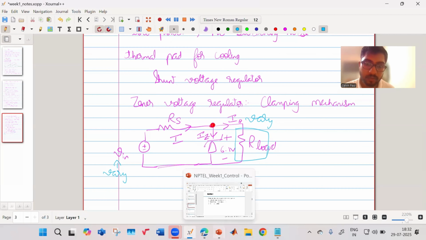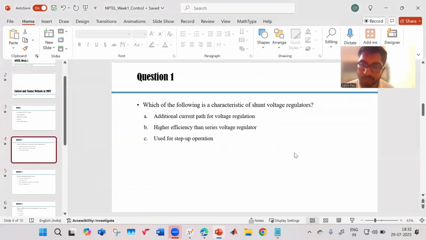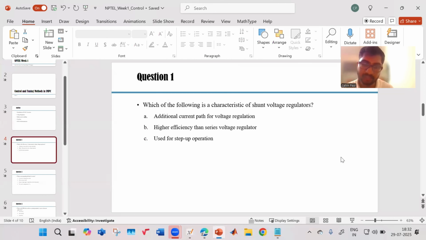So let us go to the question. Okay. So I hope this is visible, because full screen, everything, is a patent issue. So can anyone tell what is the answer for this question? Option A. Option A. What about others?